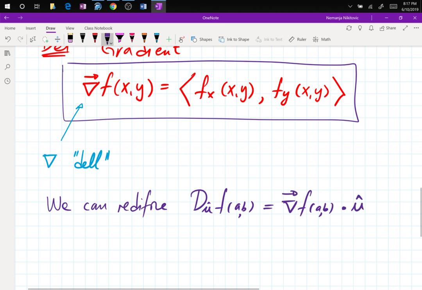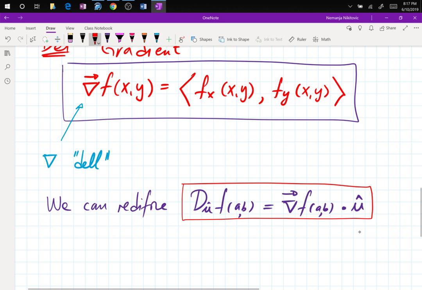So that's a vector formula now. We do have it up there in what I call an exploded version. But this is a nice, concise way to memorize the formula for the directional derivative as the gradient times the unit vector. That's the most concise way to put all of this.